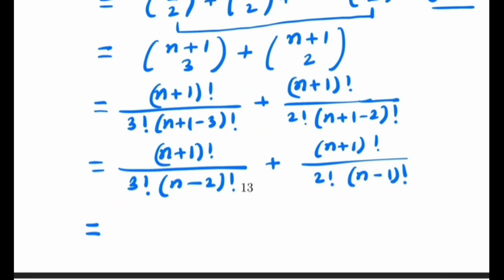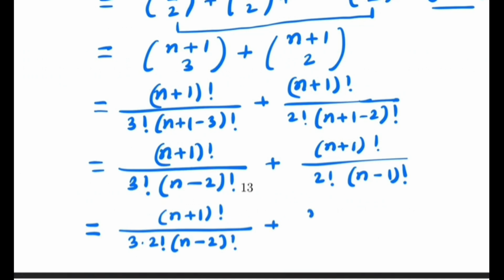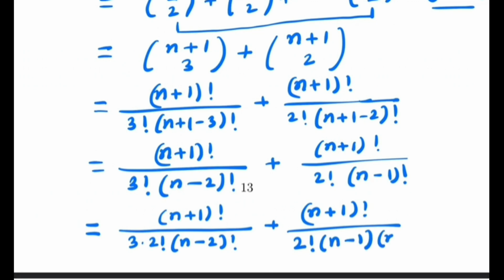Okay, so the first one you can write it as n plus 1 factorial and 3 factorial as 3 into 2 factorial. And we have here n minus 2 factorial. The second term we will rewrite as n plus 1 factorial by 2 factorial into, so n minus 1 factorial is n minus 1 into n minus 2 factorial, since we know that n factorial is equal to n times n minus 1 factorial.